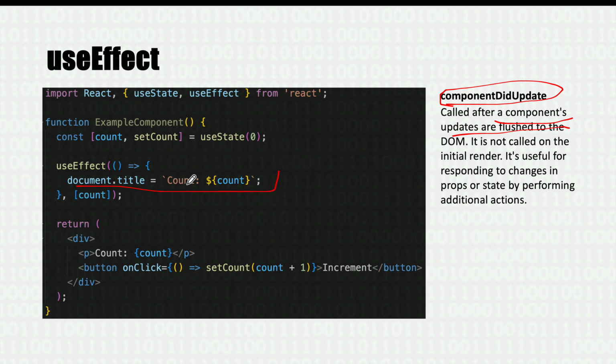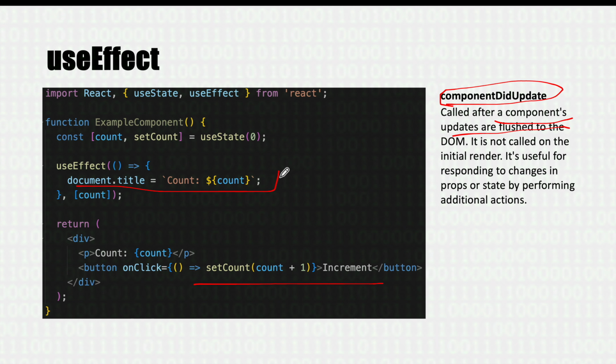The title will change to the count, and count is initially 0. On click, the count is increasing by 1, so every time the count gets incremented by 1. Whenever there is an update to the DOM, because we are updating count here, immediately this will also trigger and the document title will be updated.